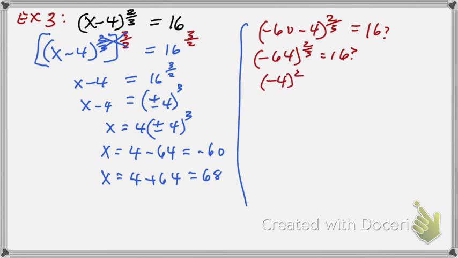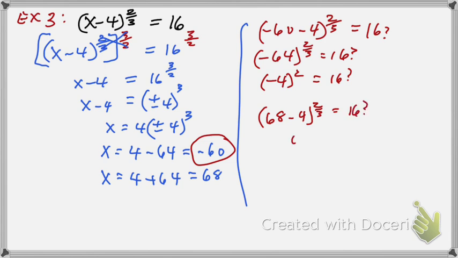And I'm going to square it. Does that equal 16? Yeah. So first one is good. Do the same thing. I've got 68 minus 4 to the 2/3. Does that equal 16? So this is 64 to the 2/3. Take the cube root of 64, that's 4. Square it. Yeah. So we've got two solutions to that one.